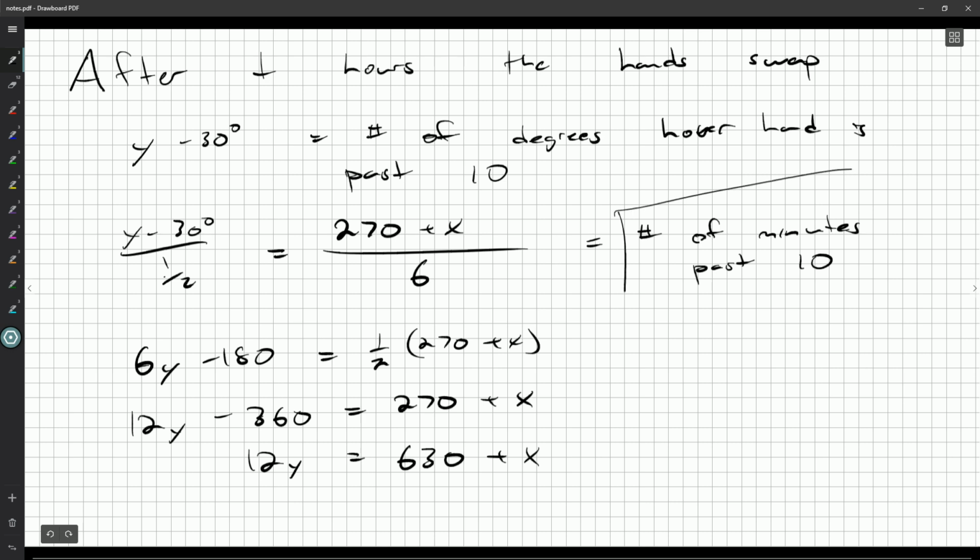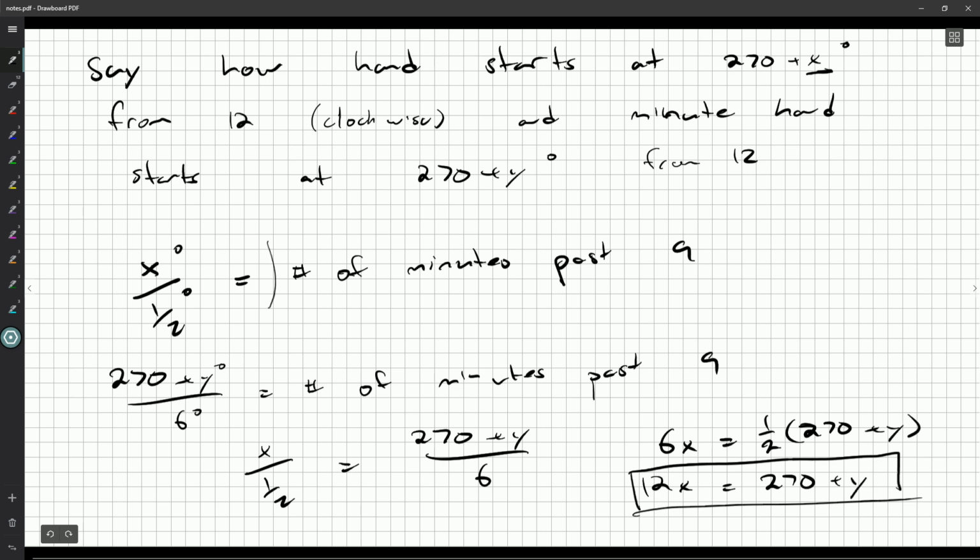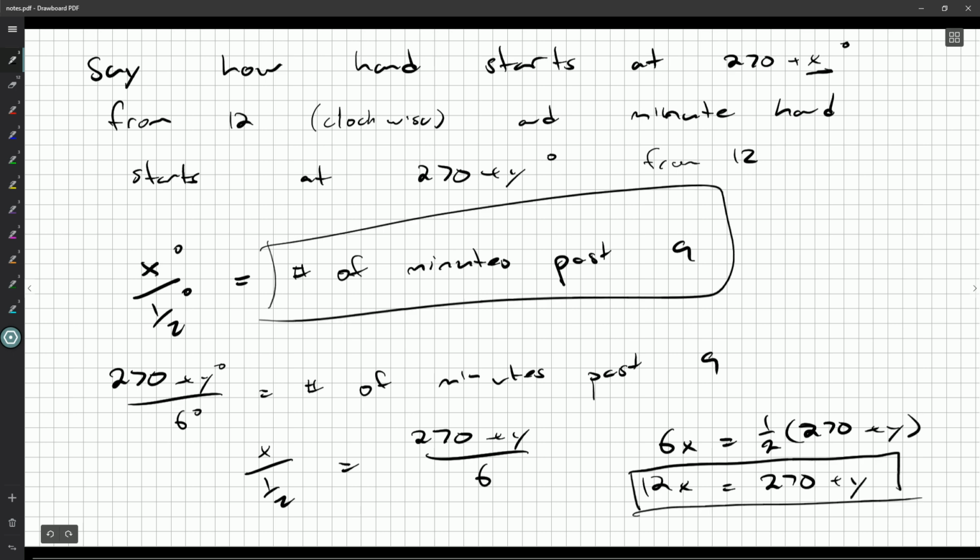So this is the number of minutes past 10. This is the number of minutes past 9. So how many more minutes to get to 10 and then go past 9? That would certainly be a perfectly acceptable way to approach it. I was hoping it would divide out. Clearly it didn't, so that's okay.